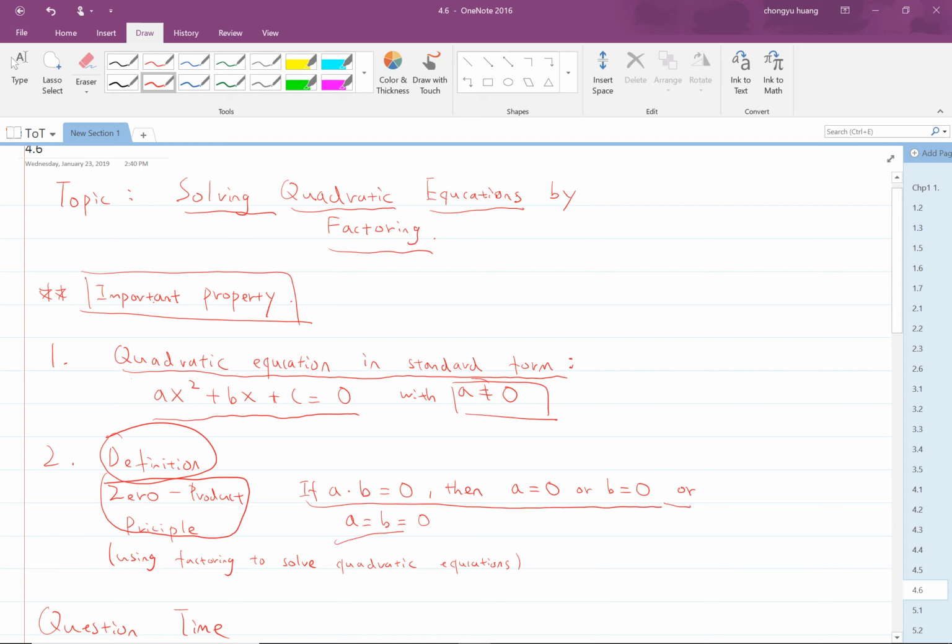We have to use the definition of the zero product principle in order to solve quadratic equations better.